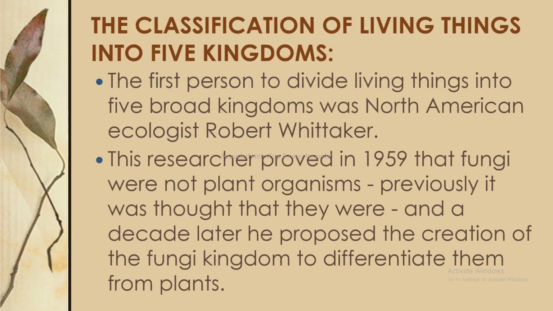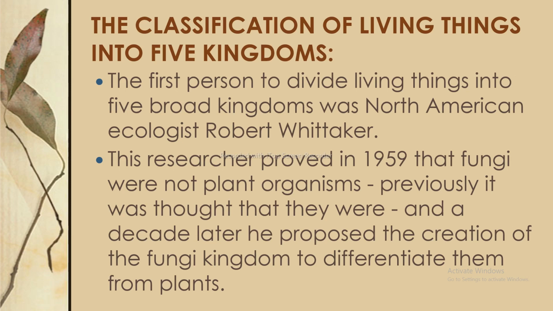So next I am going to discuss the classification of living things into five kingdoms. The first person to divide living things into five broad kingdoms was the North American ecologist Robert Whittaker. This researcher proved in 1959 that fungi were not plant organisms.